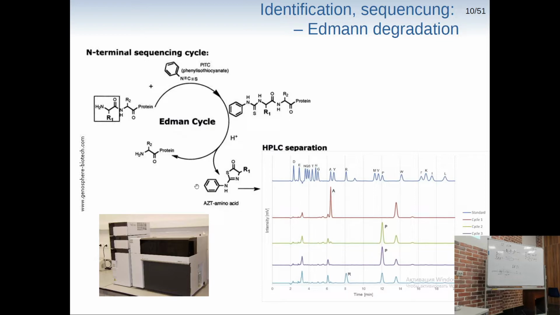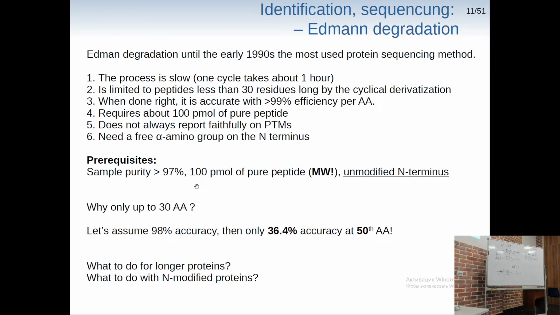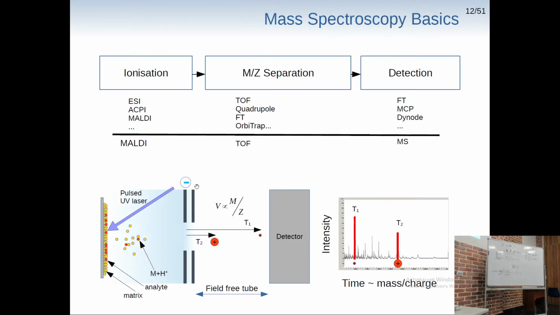For some of the most frequent modifications, there is some data in the database of this equipment which allows you to say that serine was phosphorylated, for instance, and so on. But for most less frequent modifications, there is no such data, and you will have to guess it yourself. So those are the problems, and we've discussed them.